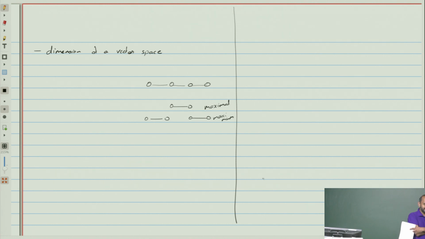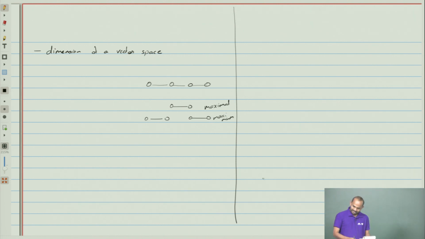Suppose you have a maximal linearly independent set. Suppose it does not span the entire vector space. Then there is a vector outside its span, and we can add it. So why was it maximal? It was not maximal. So in vector space linear independence, maximal is the same as maximum.